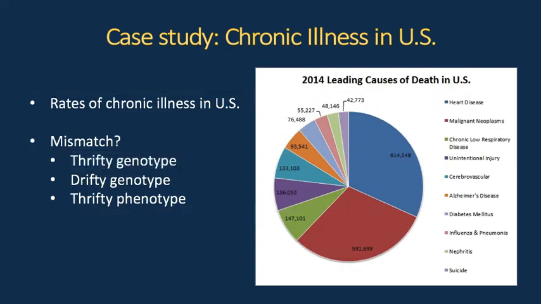Okay, so the last one, the thrifty phenotype hypothesis, is basically that we have flexibility. We evolved as a species to have flexibility. This is verging on an adaptationist hypothesis, but we're not quite getting there.